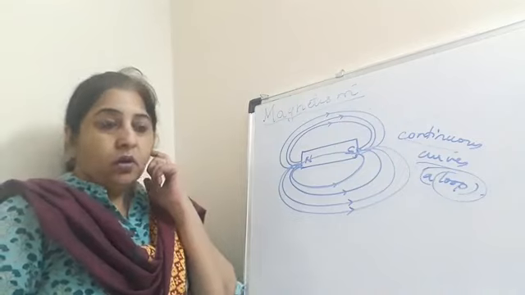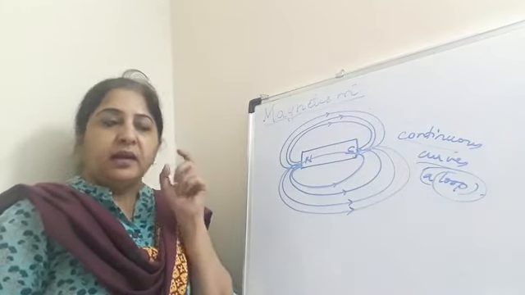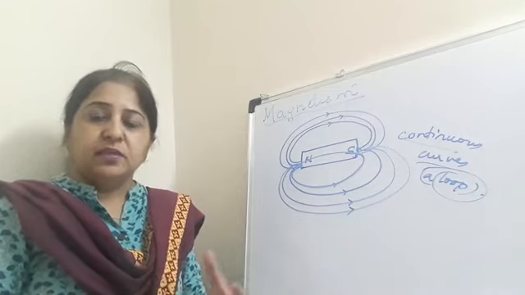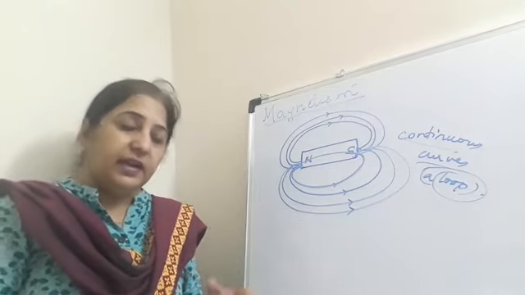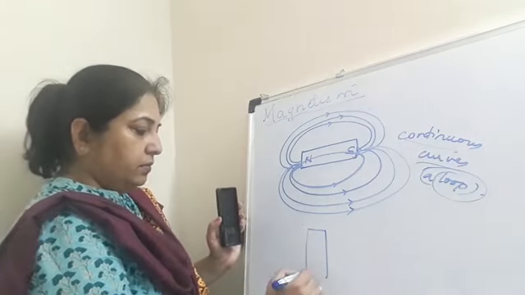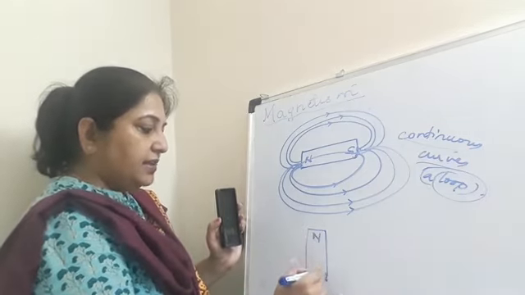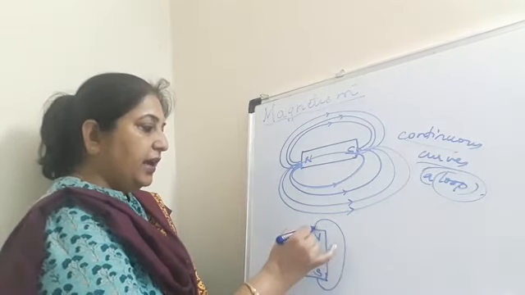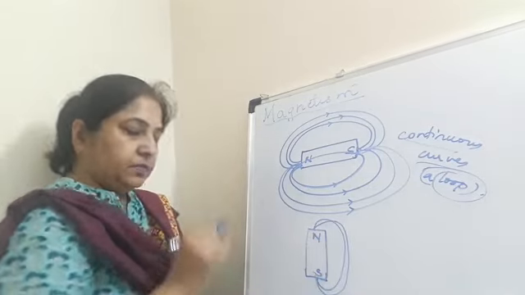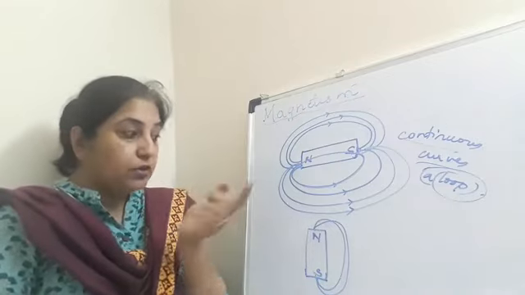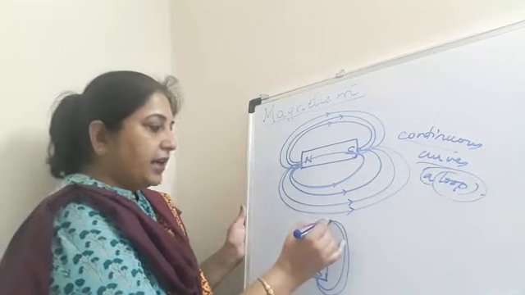Now also remember that magnetic lines of force do not intersect, which means no two magnetic lines of force will intersect. Suppose we take an assumption that they intersect. Actually they do not intersect, but we are assuming that they do.